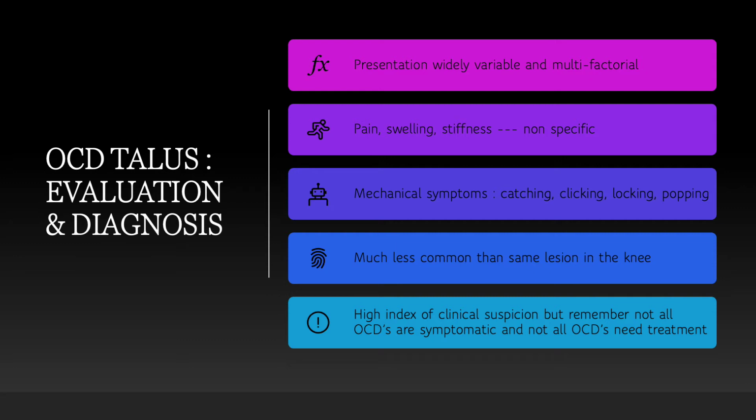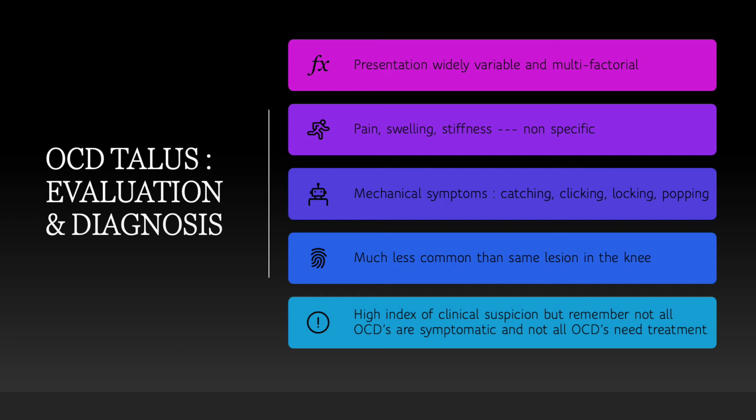There should be a high index of clinical suspicion when evaluating patients for osteochondral lesions, but we must keep in mind that not all osteochondral lesions are symptomatic, and therefore not all of them need treatment. I'm sure we've all ordered MRIs of the ankle previously, looking for perhaps a peroneal tendon tear or a ligamentous injury, and the MRI will come back positive for an osteochondral lesion.